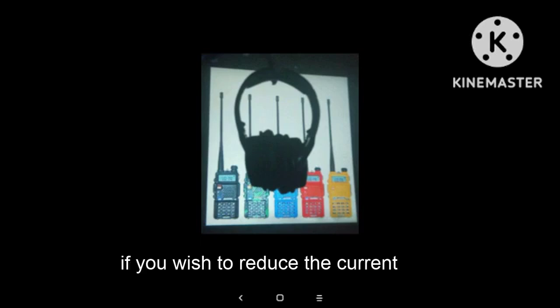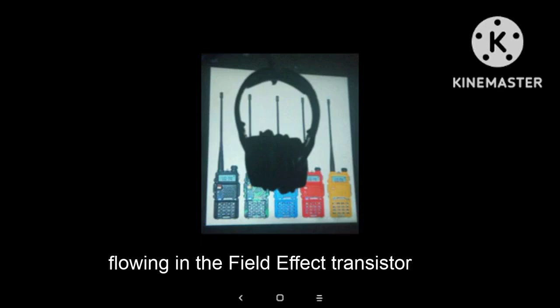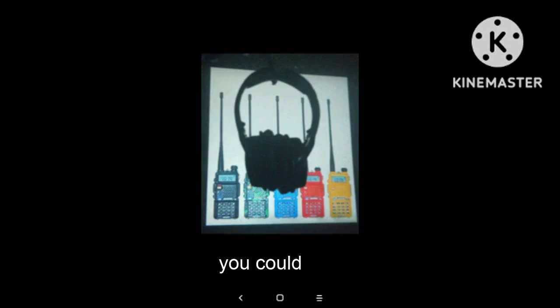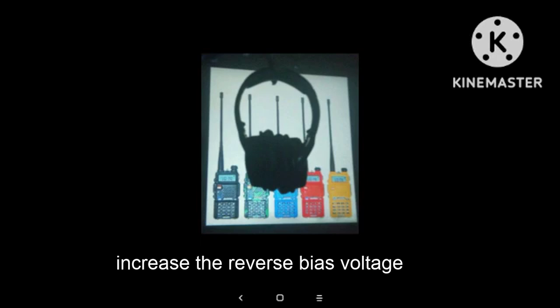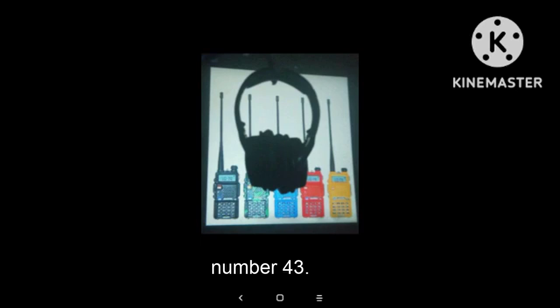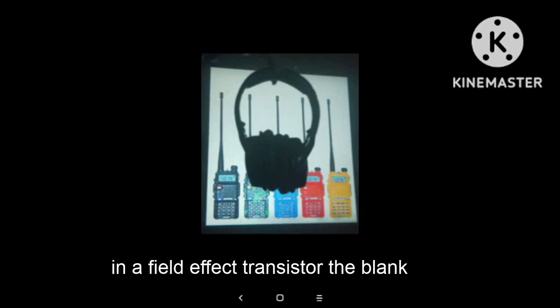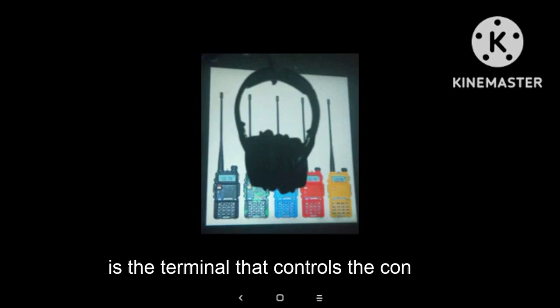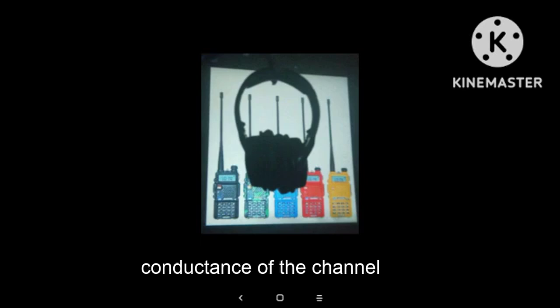If you wish to reduce the current flowing in the field effect transistor, you could increase the reverse bias voltage. Number 43. In a field effect transistor, the blank is the terminal that controls the conductance of the channel. Gate.